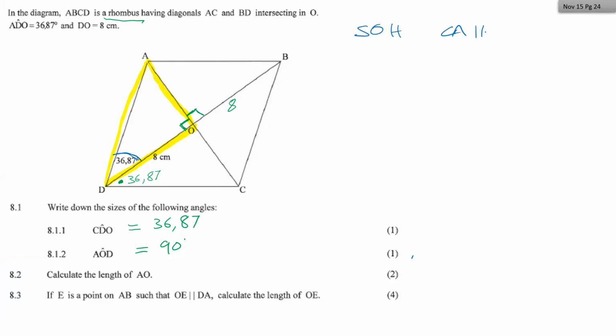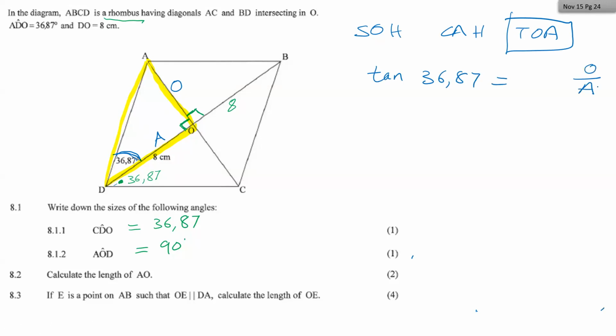So TOA. Now from the angle of reference, I want to find AO, which is the opposite side. And I'm given 8, which is the adjacent side. So the ratio that has an O and an A is tan. So I'm going to say tan of 36.87 is equal to opposite over adjacent.